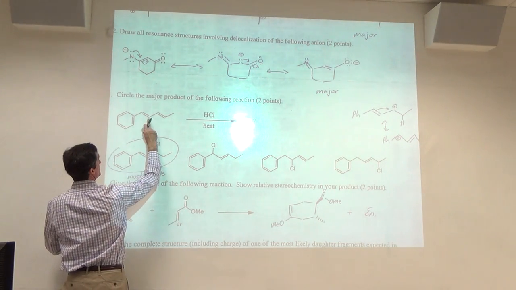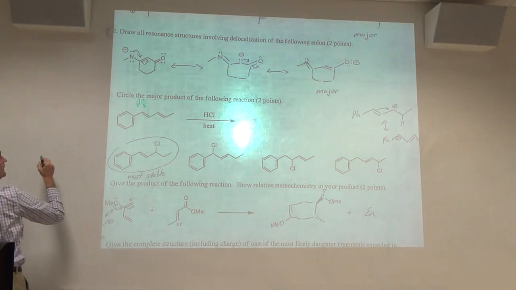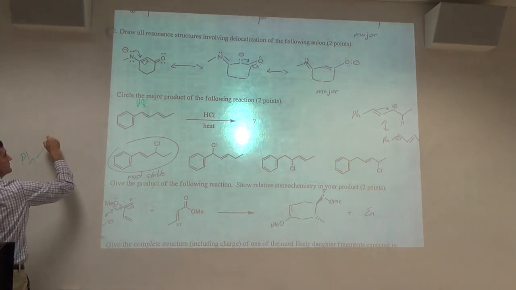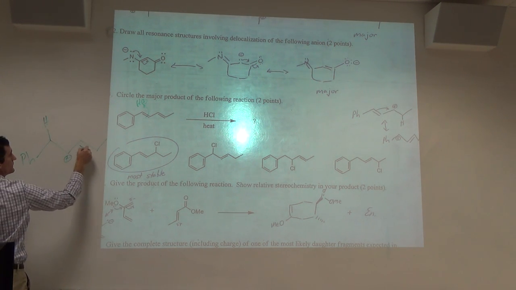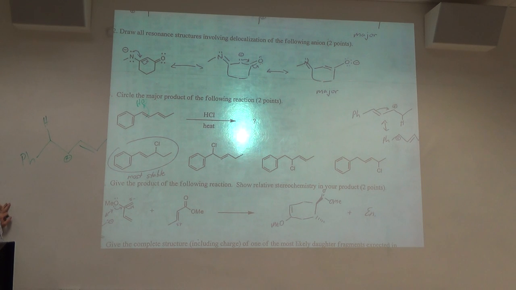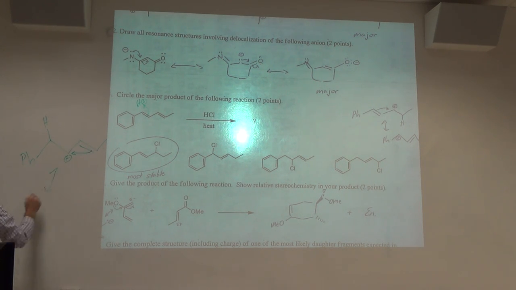If instead we put the cation here, H plus here, to give a new H here, cation here, resonance stabilized, then we can show resonance, put the cation here. That's secondary, and this is secondary.